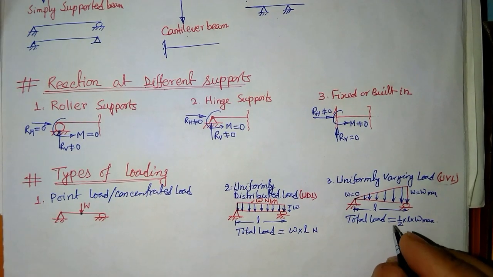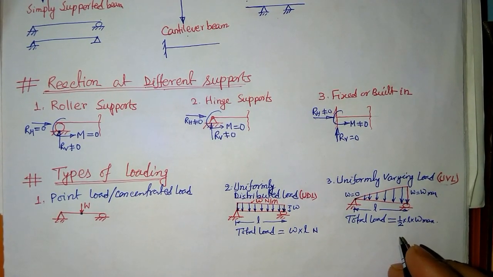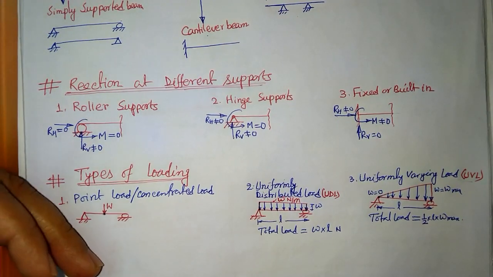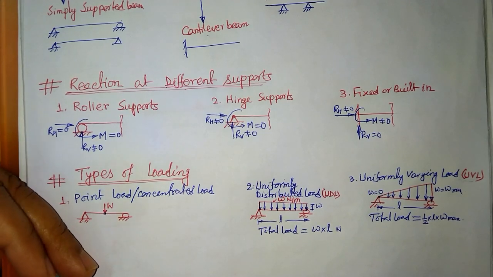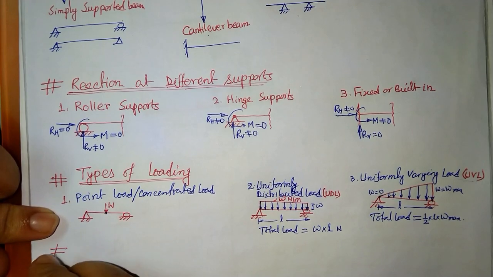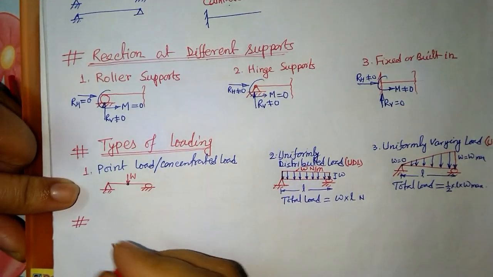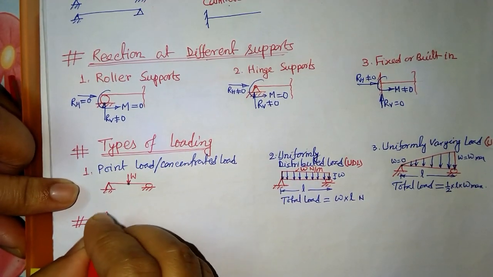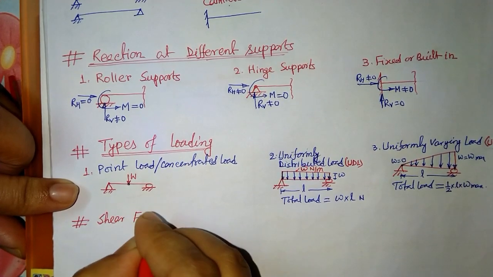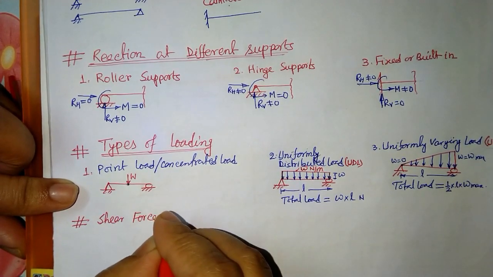Okay, so these are the basic things for shear force and bending moment that we need to know. Next we will learn about shear force. How can we define shear force? I think you people have some idea about shear force. So let's see shear force.